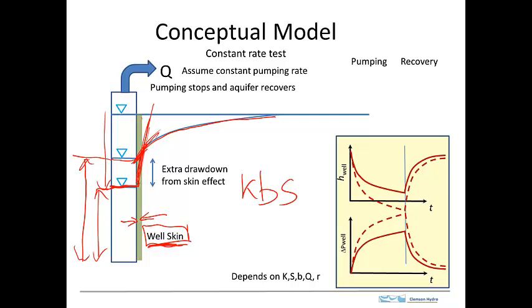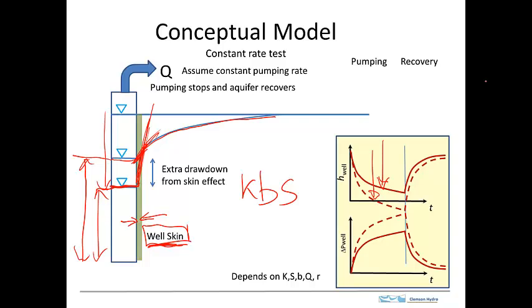The consequence of that is that in the well, the head as a function of time might look like that under ideal conditions, but as a result of a well skin, we might end up with this dashed line. So there's just additional drawdown that occurs throughout the test as a result of the well skin.